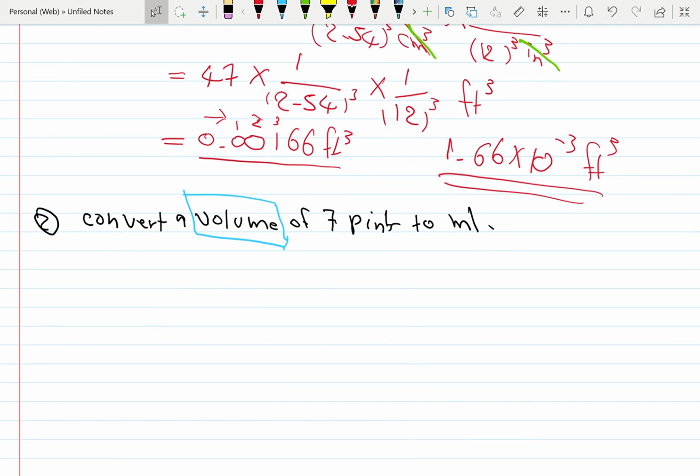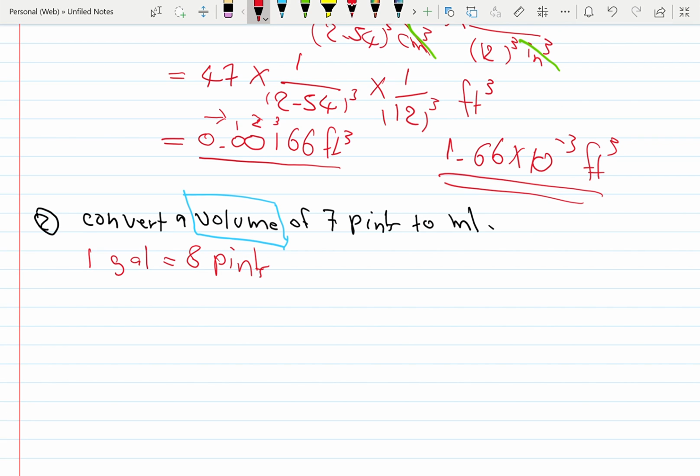So our next example, they ask us to convert a volume of 7 pints to milliliter. 7 pints to milliliter. We know that 1 gallon equal 8 pints.